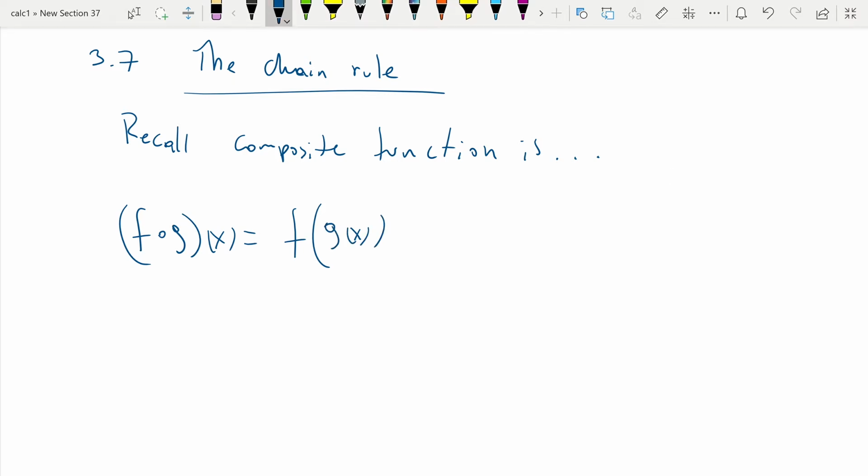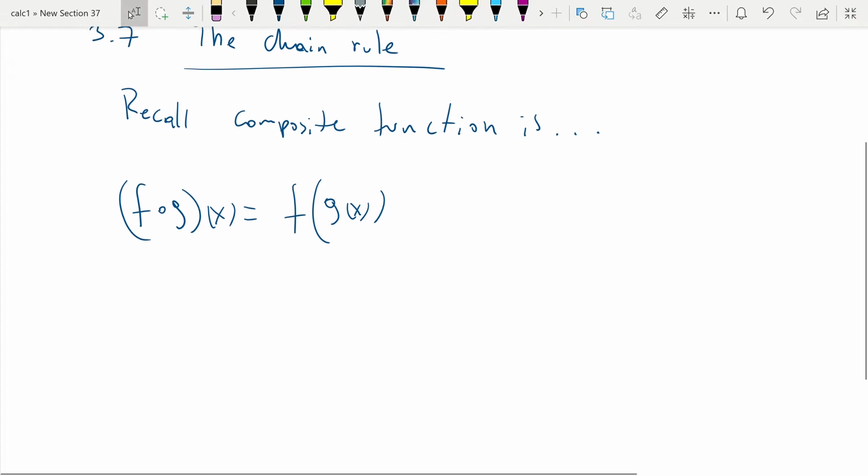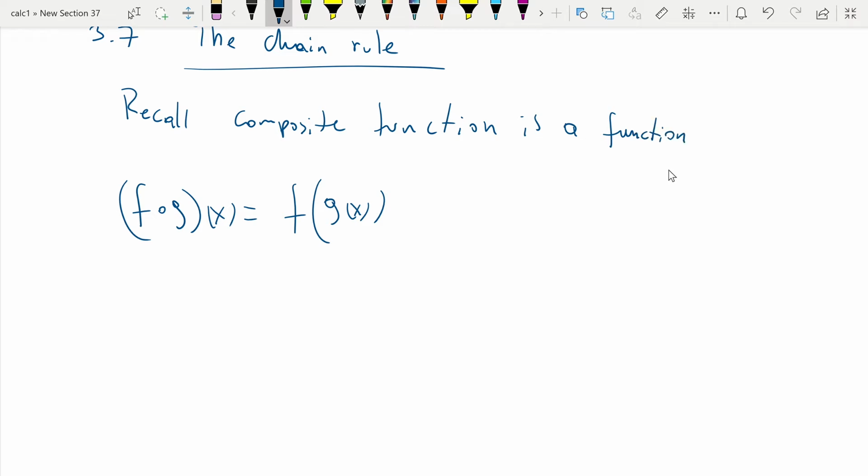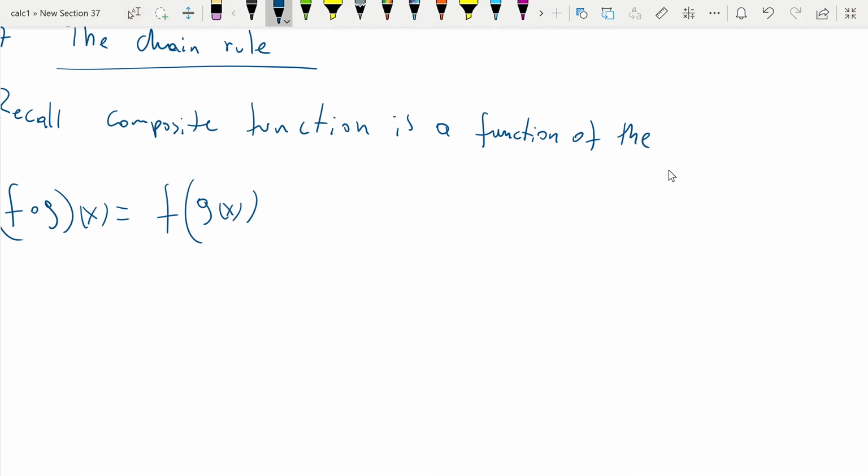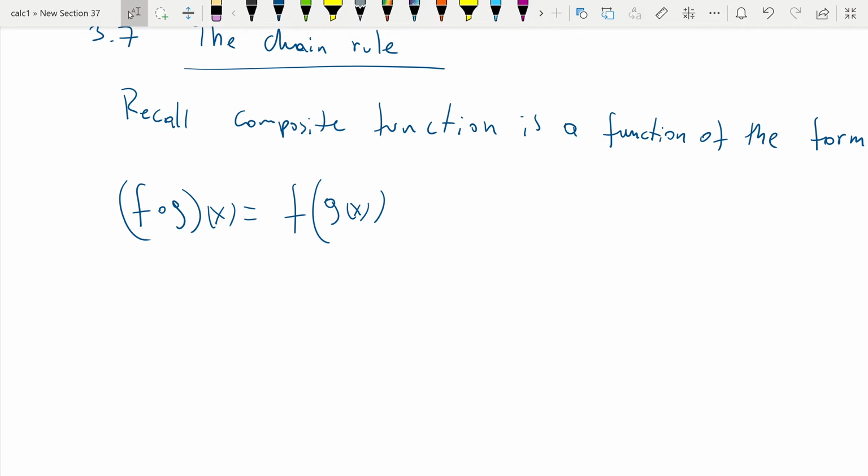So that's a composite function. And now, examples.